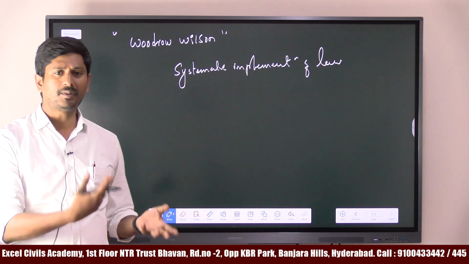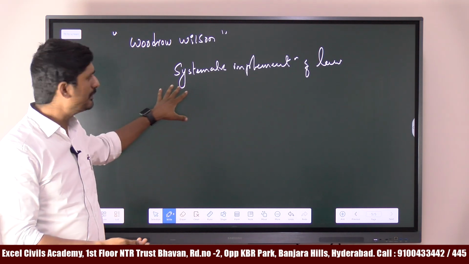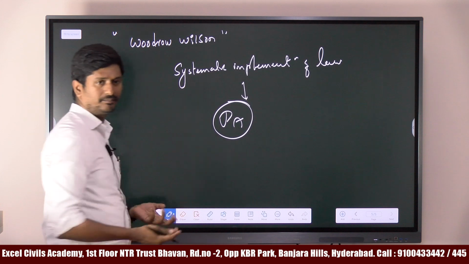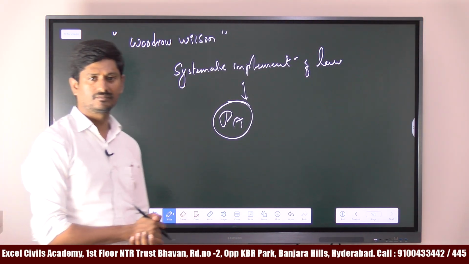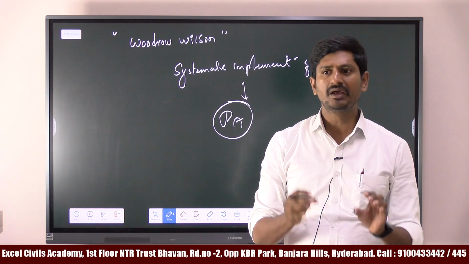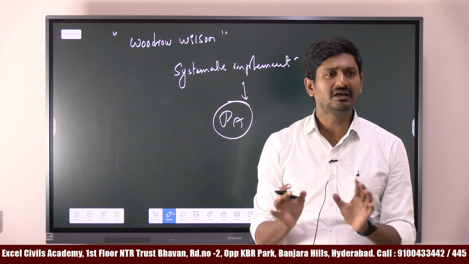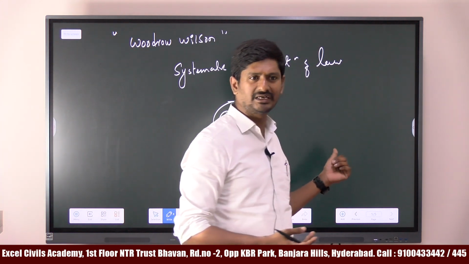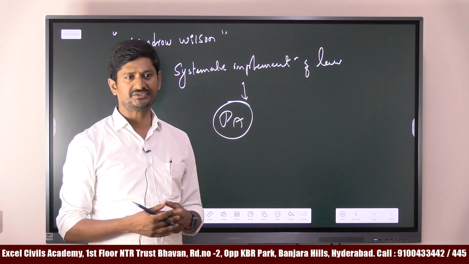When you are implementing the public law, that itself is called public administration. I think you got to know what public administration is. Public administration is nothing but management of the affairs of the government. Whatever the government is doing, if you are managing it, that is what is called public administration.